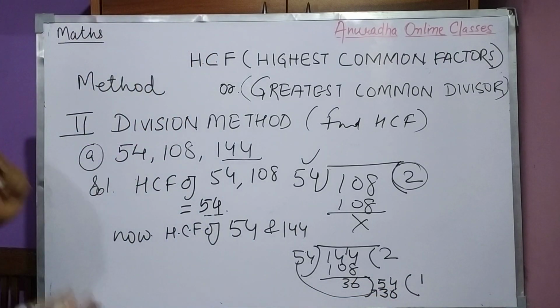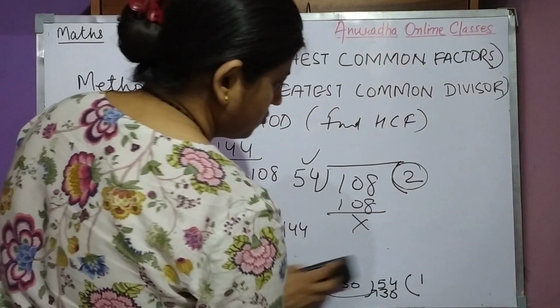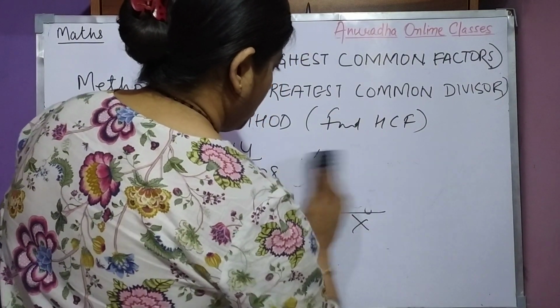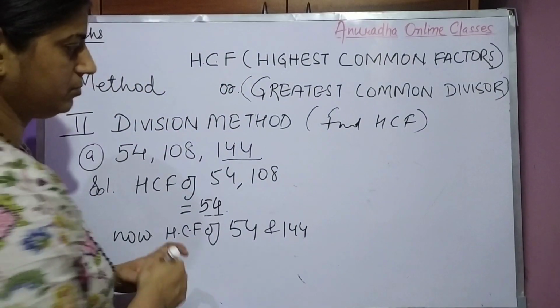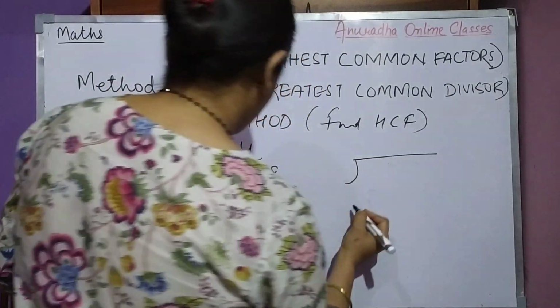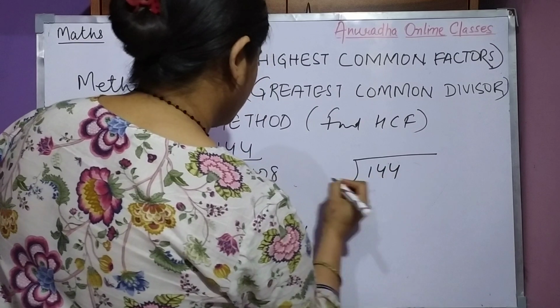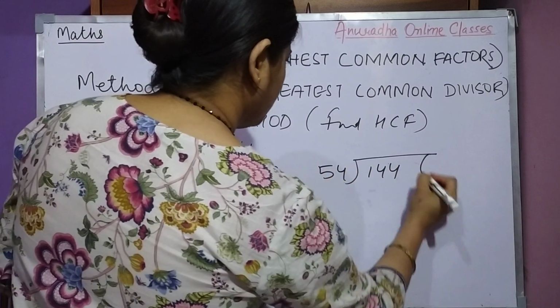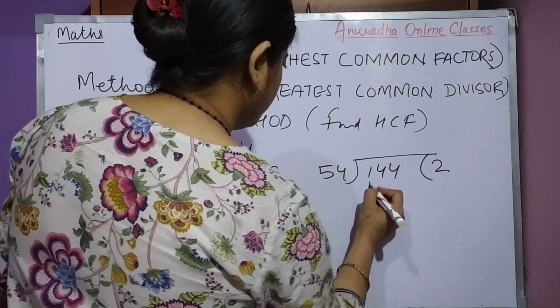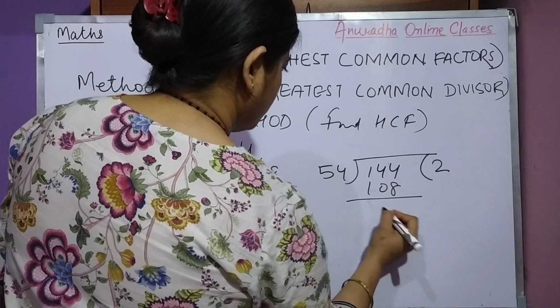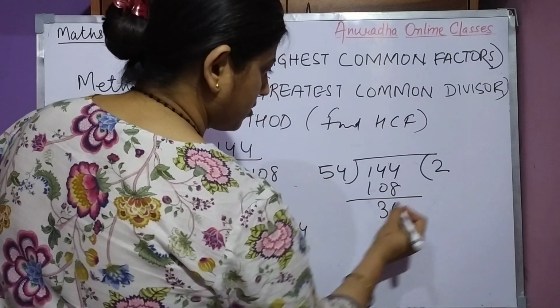36. Is it visible to you? Let us do it here. 144 and 54. 2s are 108. What do you get? 36. Okay.